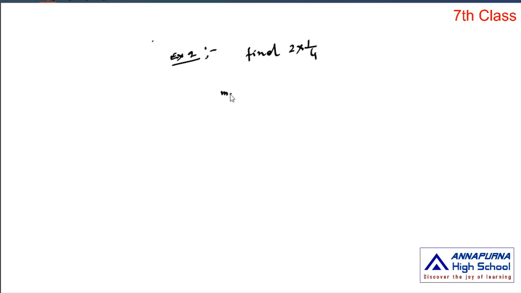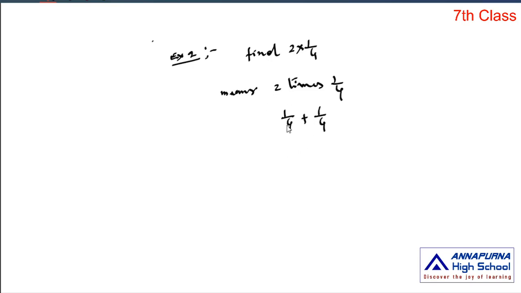The solution means 2 times 1 by 4. Just write 1 by 4, 2 times 1 by 4, which is 1 by 4 plus 1 by 4. So let me explain by using diagram.